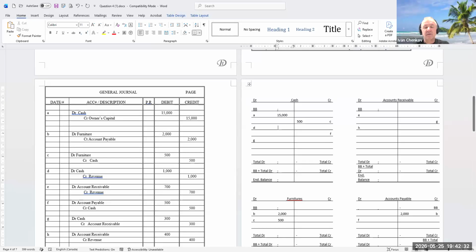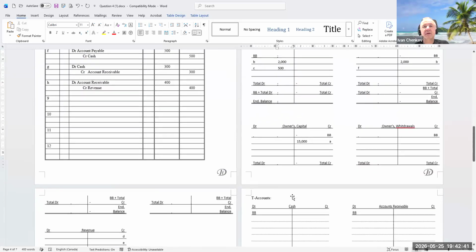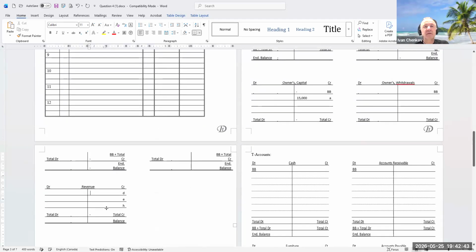Let's get this cash. And why do we get cash? Because we're generating revenue. Let's record this under the revenue account, which is right here. Letter D, $1,000 revenue.